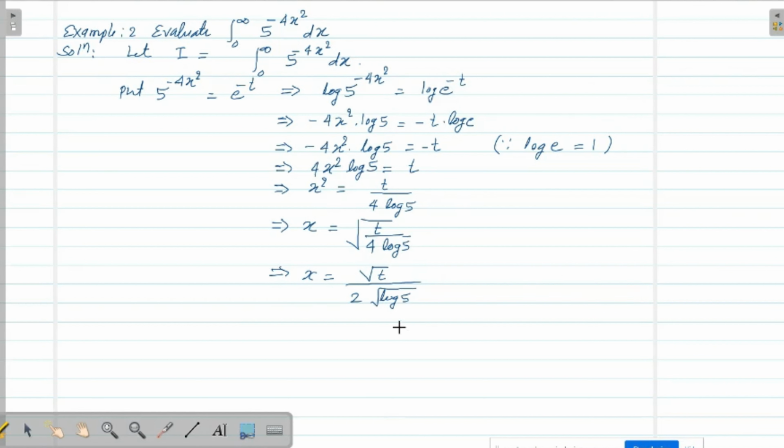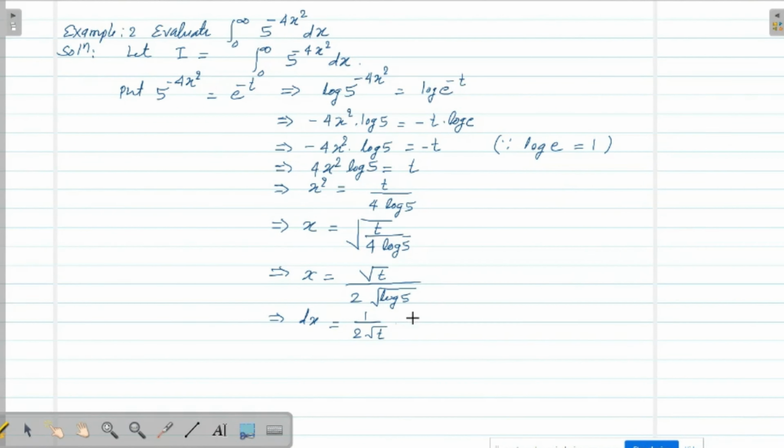Okay. Now differentiate. The denominator part is a constant, so we're differentiating this with respect to t. You will get dx equal to, what is the derivative of root t? It is 1 upon 2 root t.